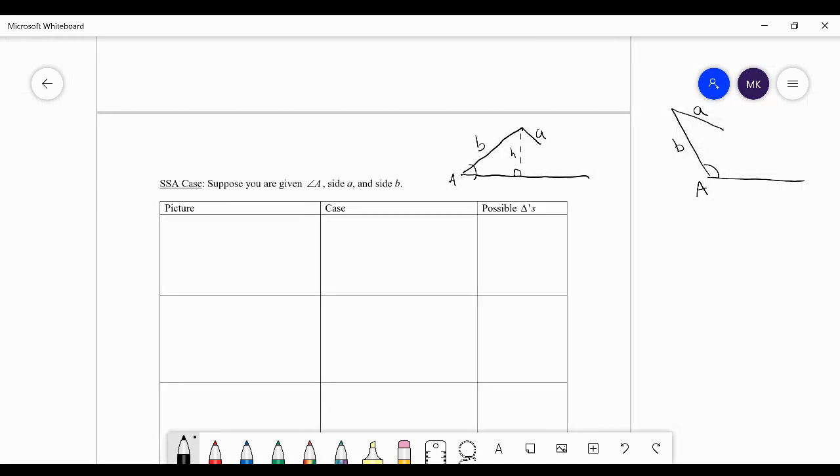Okay, so the case is that A is acute, and our little a is less than H. So that is exactly what we have drawn up here in this first diagram.